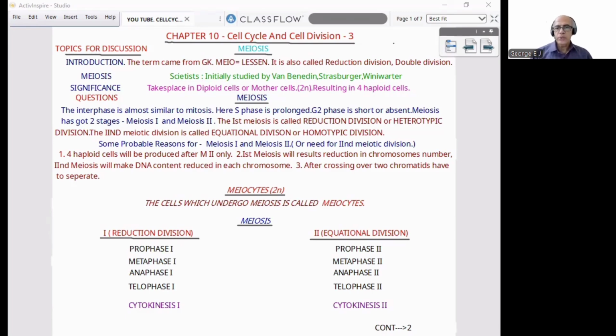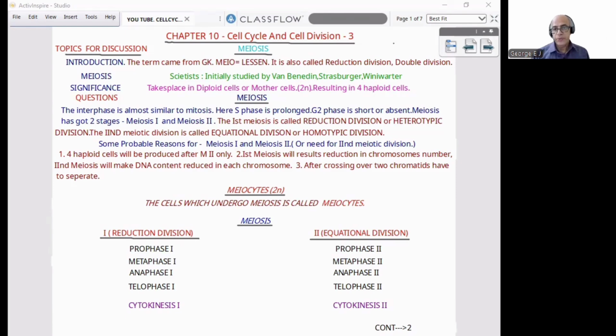Now, why does meiosis need meiosis 1 and 2? Some reasons are suggested. First, 4 haploid cells have to be produced after meiosis. Normally after meiosis 1 only 2 cells form. To get 4, one more division is needed, that is ordinary mitosis-like. That is why meiosis 1 and 2.